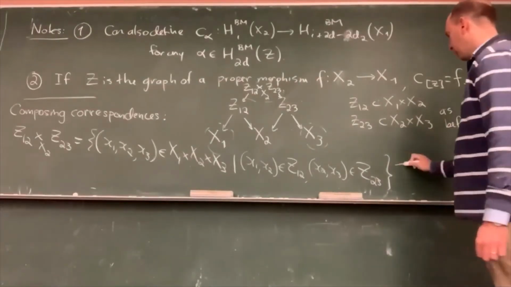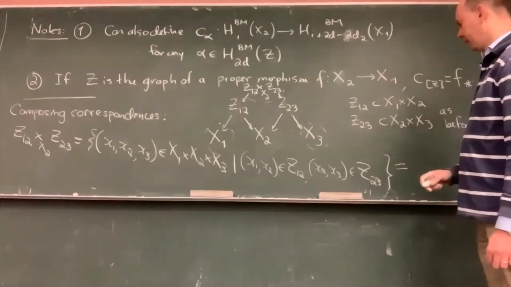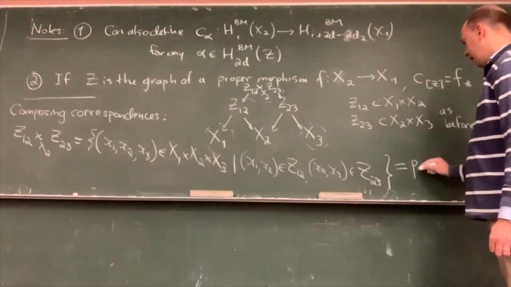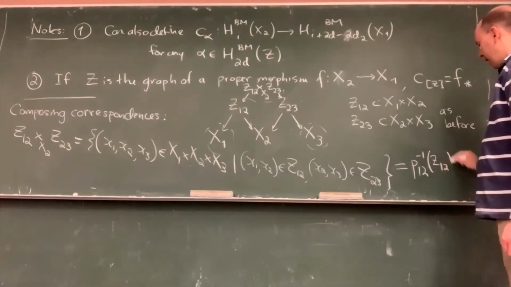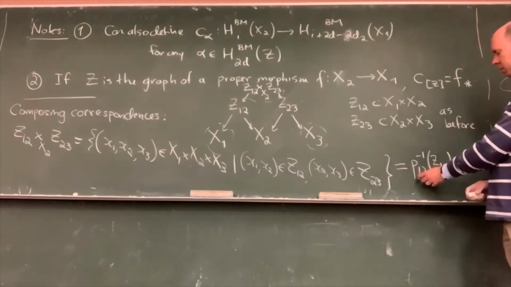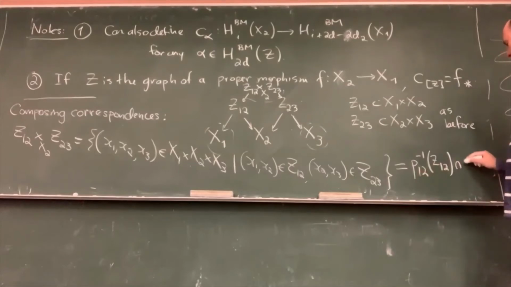Another way to write this, which might be illuminating a bit later, is that this is the pre-image of Z12 under a projection which I'll call P12, intersected with the pre-image under P23 of Z23.